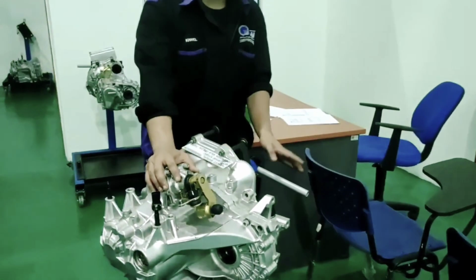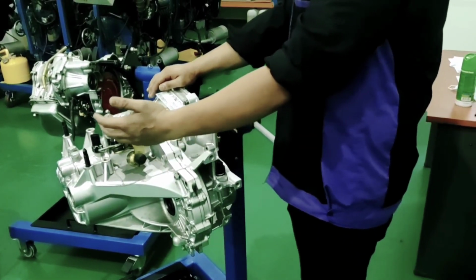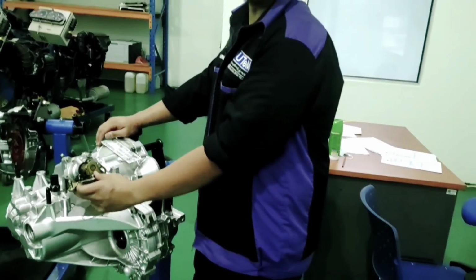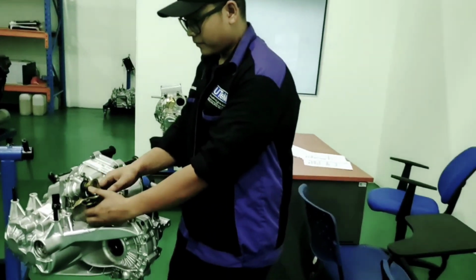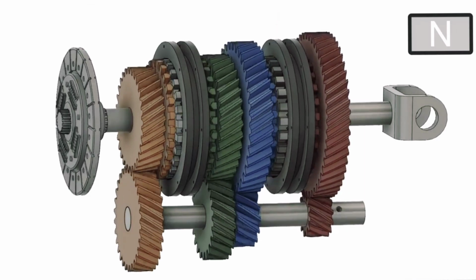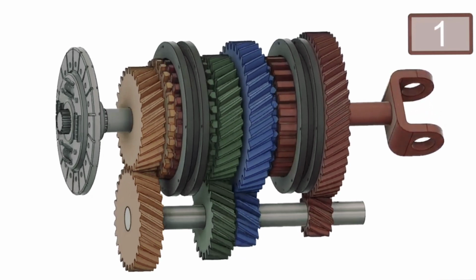For the manual transmission, we need to shift the gear. If we shift to gear 1, it is manually controlled by a cable from the gear knob. This is how the gear shifts if you use a manual transmission.